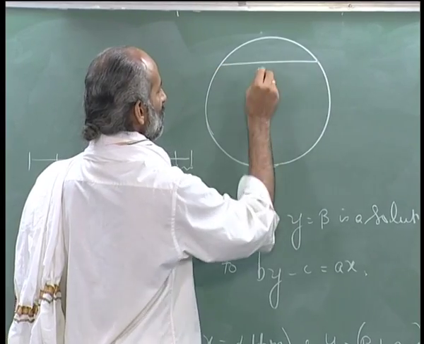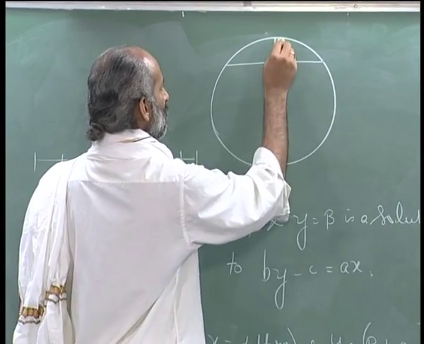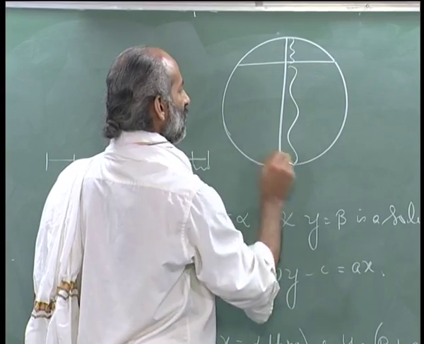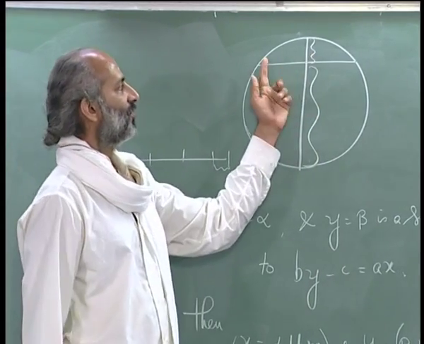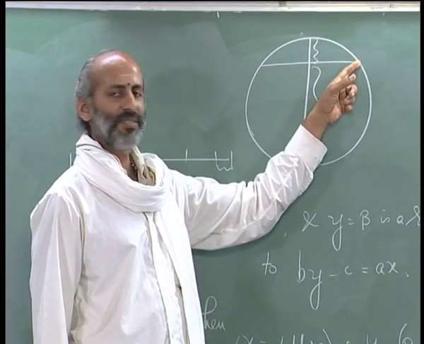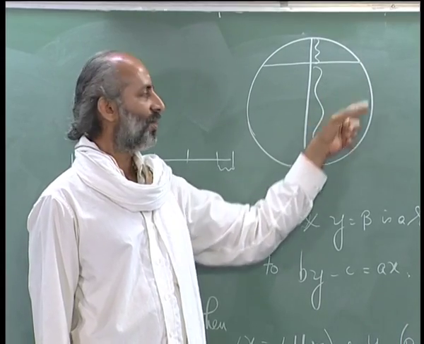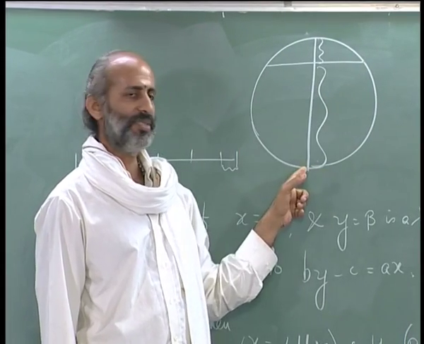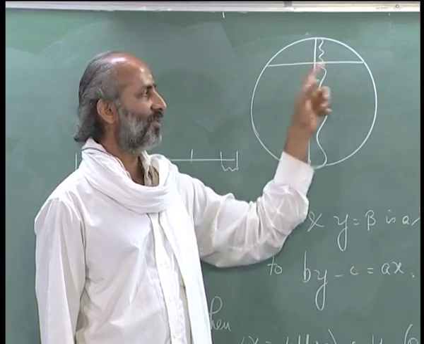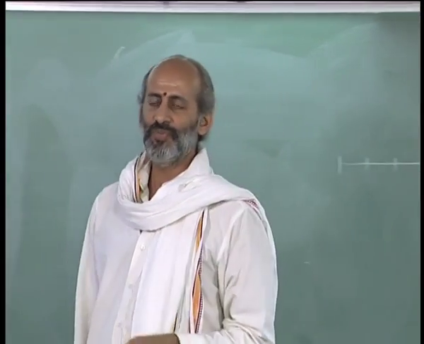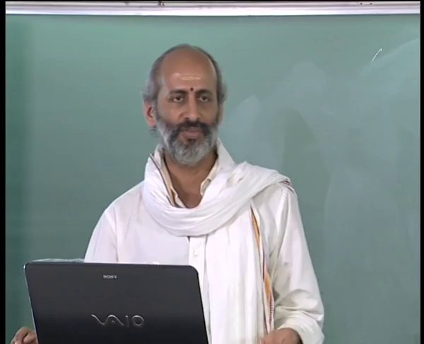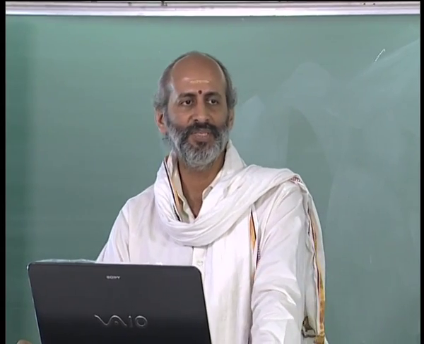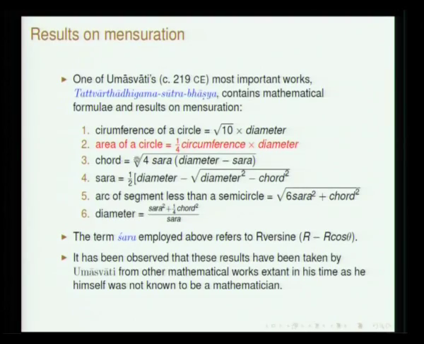If you consider this as chord, this is one Shara, this is another Shara. This is Shara as far as this is concerned, because this is bow, and if you consider this as bow, this is Shara. So, the product of this will be the same as the product of these two. That is what it amounts to. This is stated in a different way. That is why this factor 4 comes here.